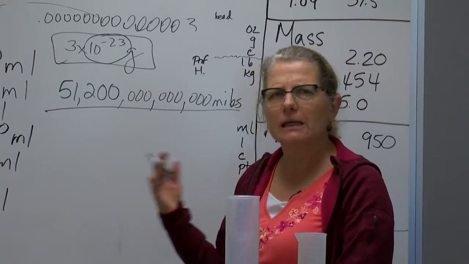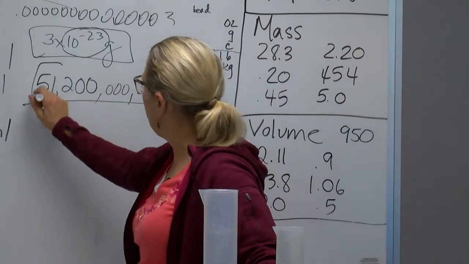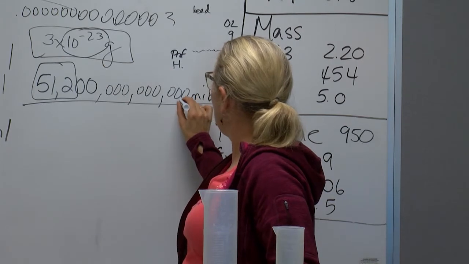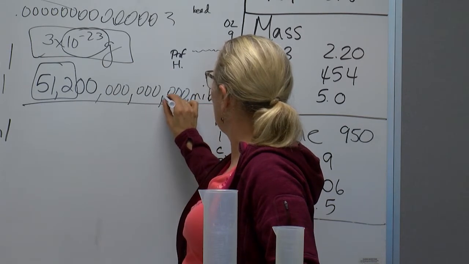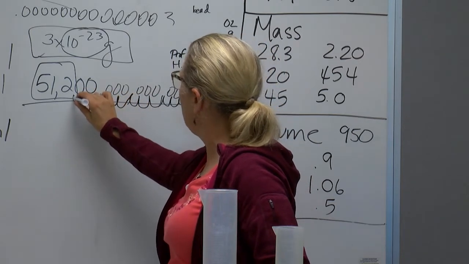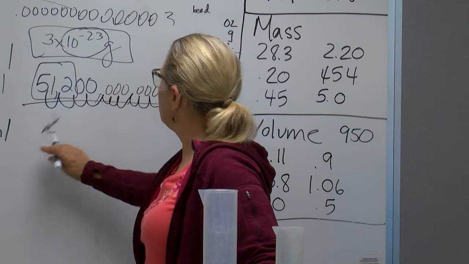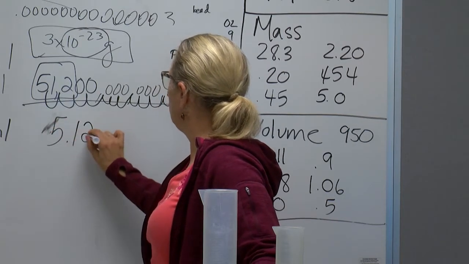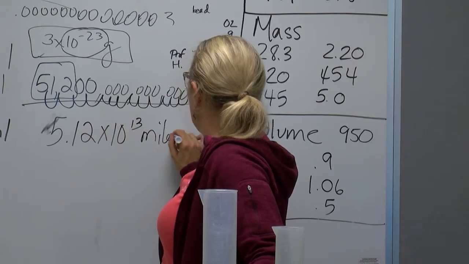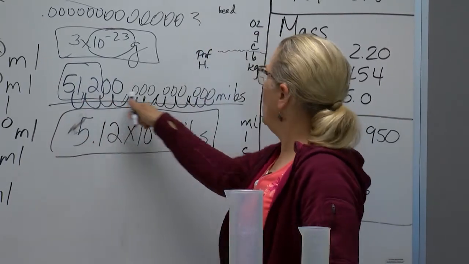Even our sun is 93 million miles away. That's a big number. How many significant figures? Just 3. Let's see when we make this scientific notation. 2, 3, 4, 5, 6, 7, 8, 9, 10, 11, 12, 13. So in scientific notation, 5.12 times 10 to the 13 miles. What's easier to write, this or this?